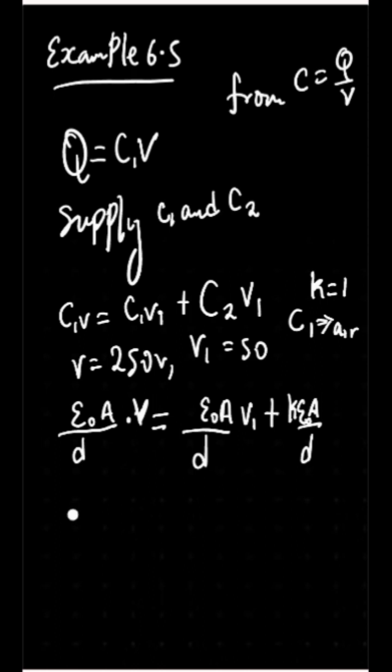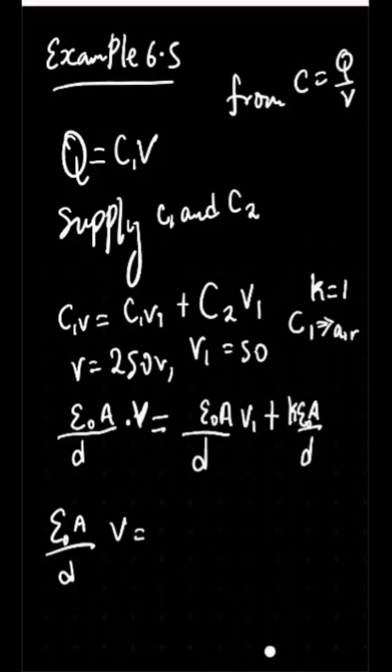So let's simplify. This will be epsilon naught A over D multiplied by V. But please note that we have V1. This place is also V1. So let's factor out what is common, epsilon A over D. So we'll bring it out.